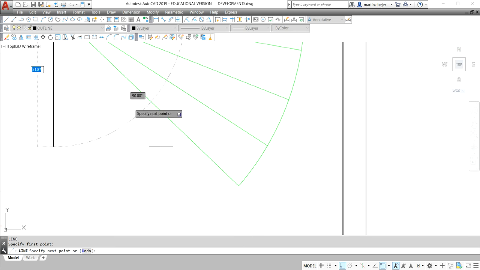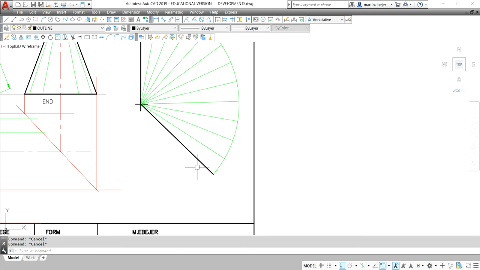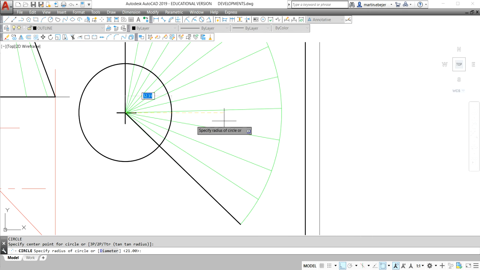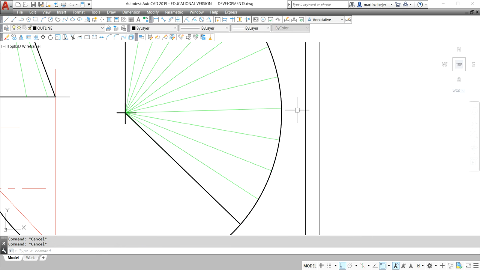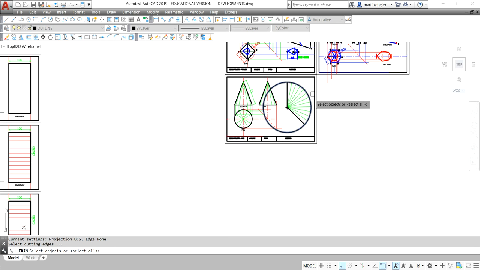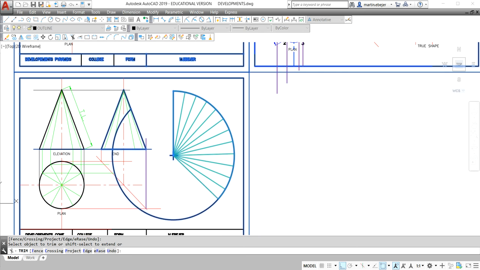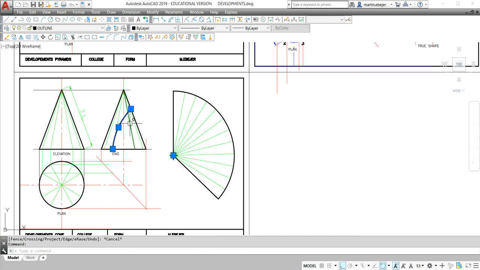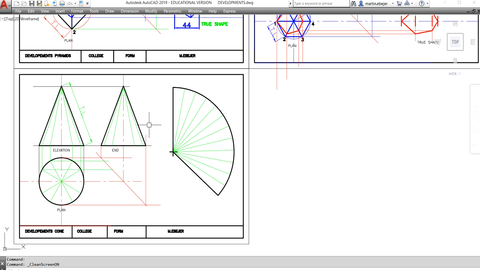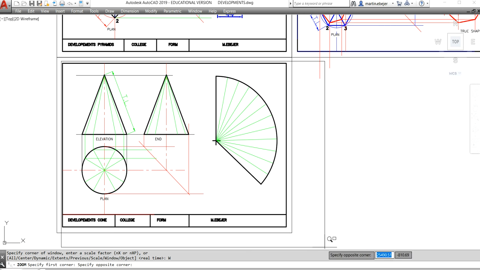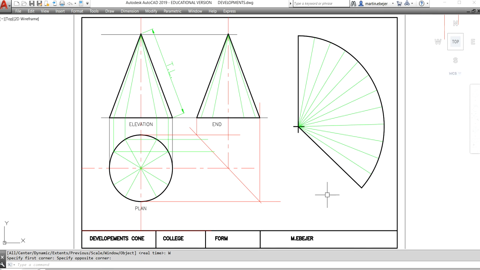I'm gonna do the outline. I'm gonna finish the drawing with an outline. Okay, we're gonna see what we did. Here we have the plan of a cone, which is in the form of a circle.